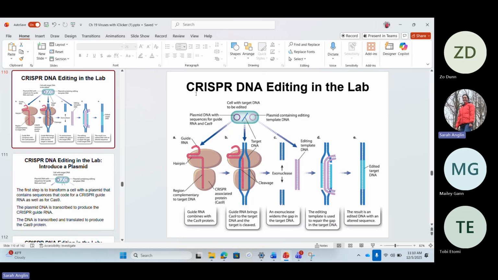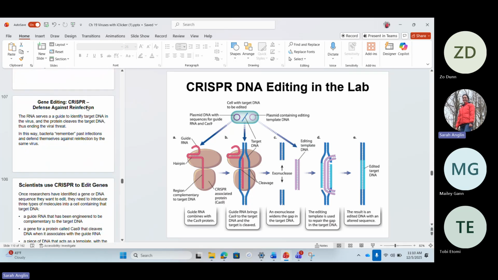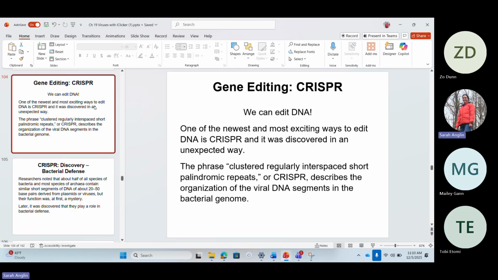And that's how we came up with the term CRISPR. They stand for clustered, regularly interspaced, short, palindromic repeats. Okay, that's how we get the term CRISPR. It has to do with those little sequences that we see within the genomes of bacteria or archaea. Sorry about that.